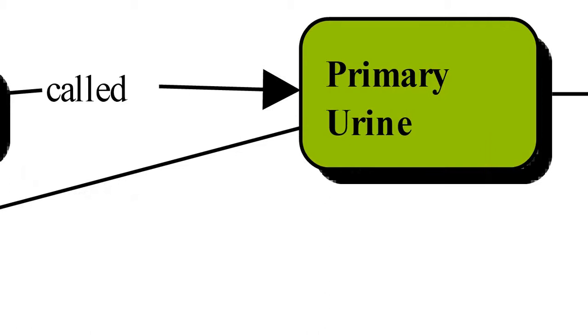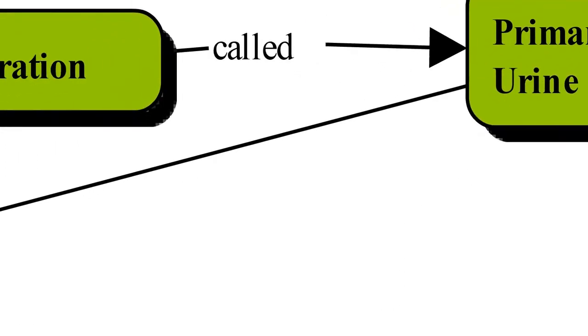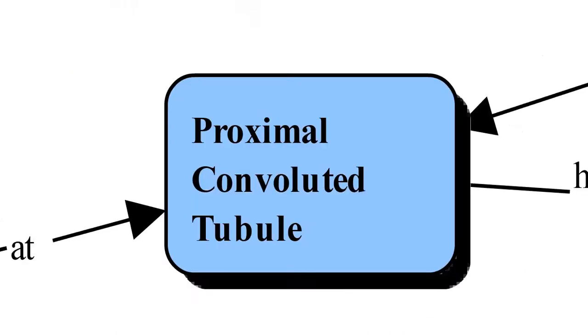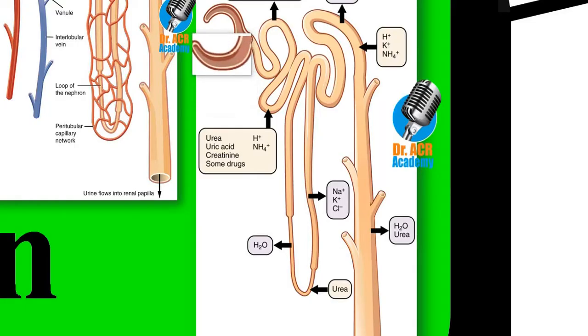After the formation of primary urine in the Bowman's capsule, it enters into the proximal convoluted tubule of the renal tubule. So here in this Bowman's capsule, the glomerular filtration happens.